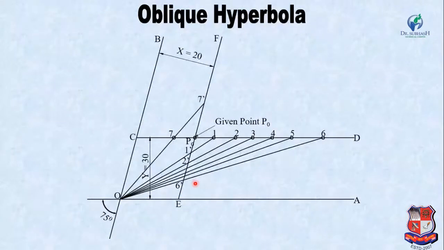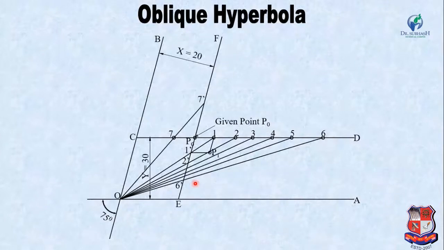Now from points 1 dash, 2 dash, 3 dash up to 7 dash, draw horizontal lines, and from points 1, 2, 3, 4, 5, 6 and 7, draw lines parallel to OB. The horizontal line and the line parallel to OB give you the point P1.